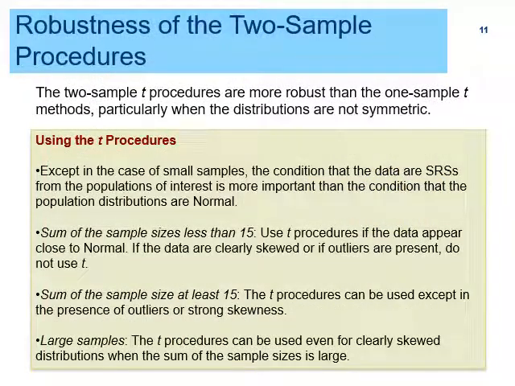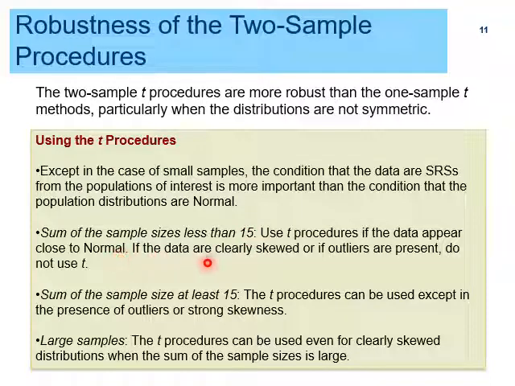So, the robustness of the two sample procedures: except in the case of small samples, the condition that the data are SRS from the population of interest is more important than the condition that the population distributions are normal. If the sample sizes are less than 15, use t procedures if the data appear close to normal.